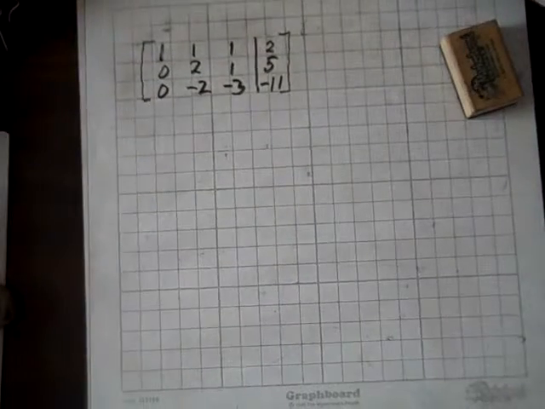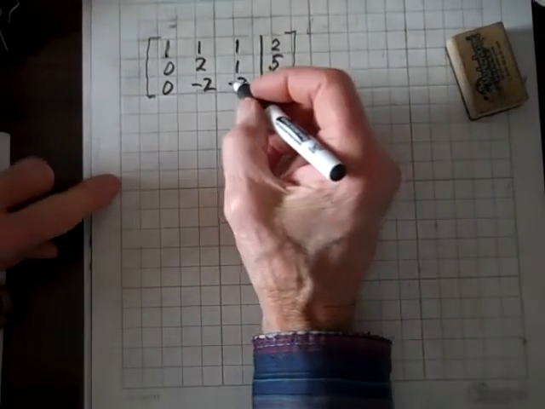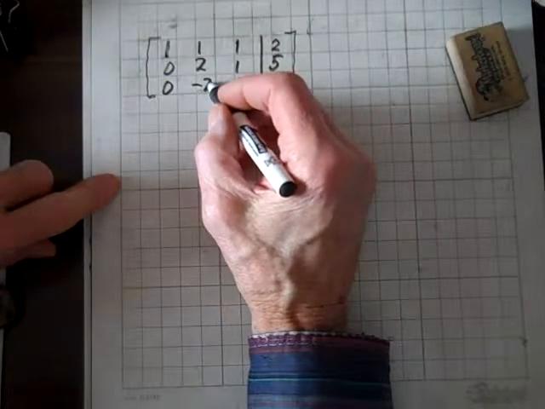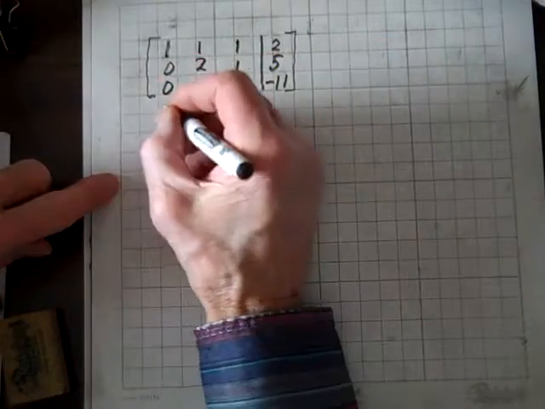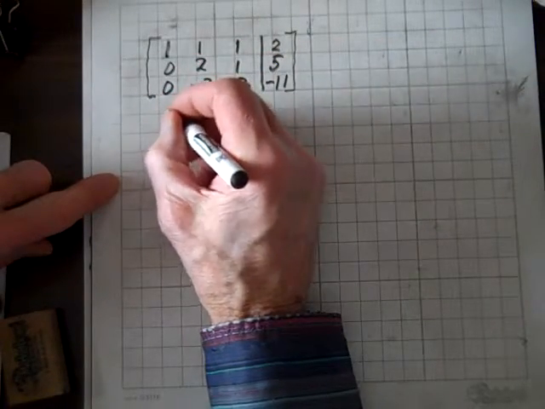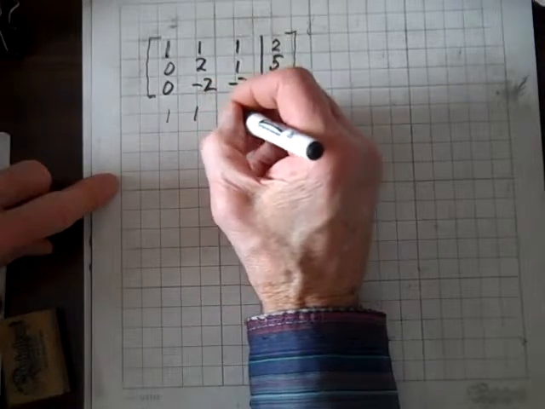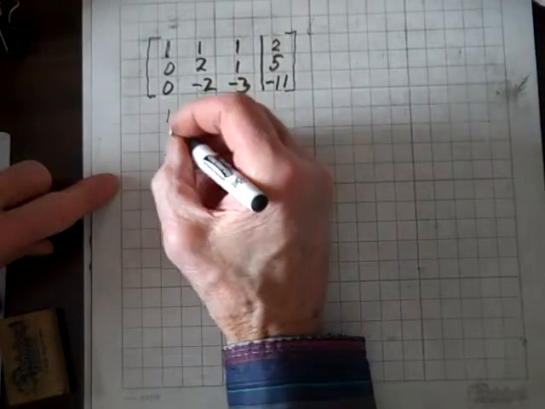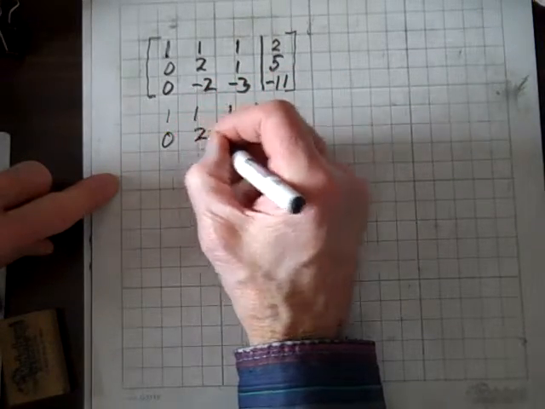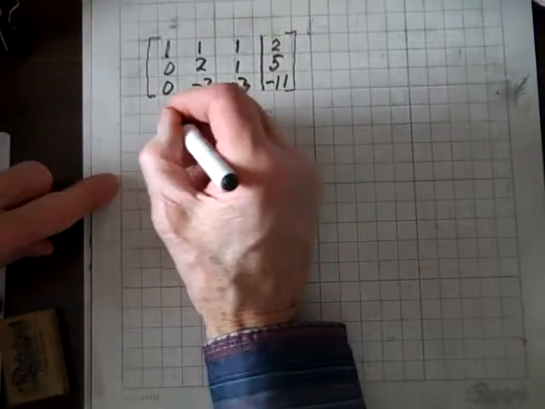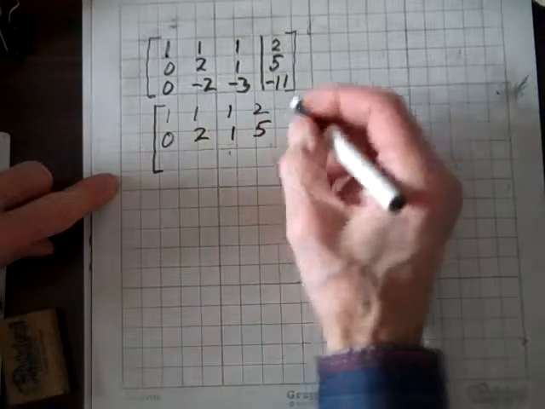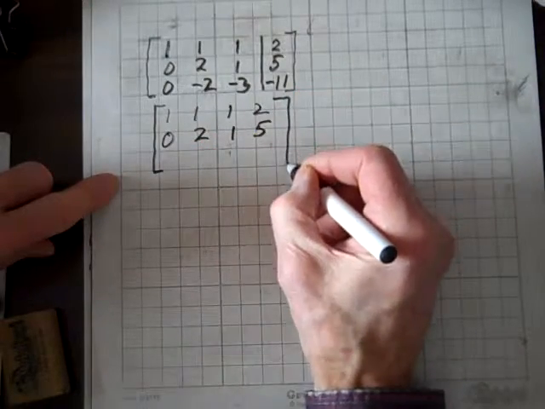So there's our matrix. Now we need to get a 0 in this position. So row 1 will remain the same. Row 2 will remain the same. But row 3 is what's to be modified.